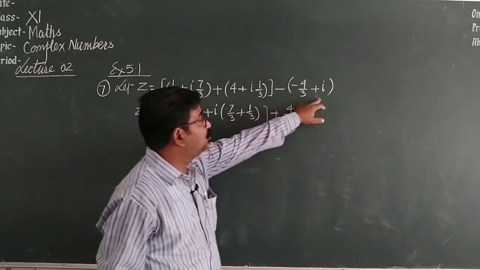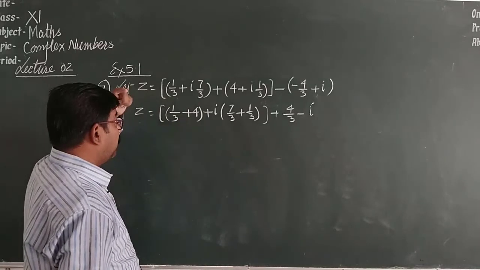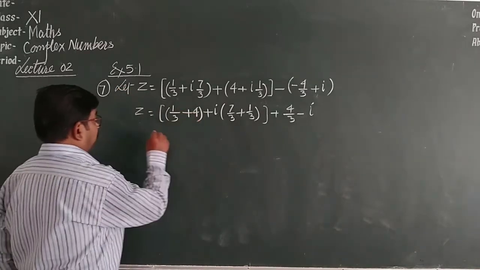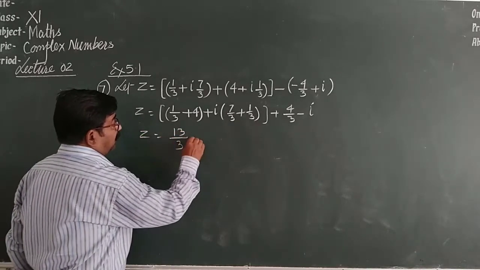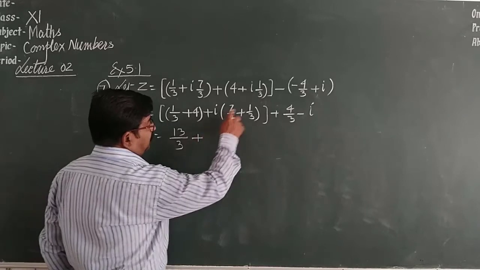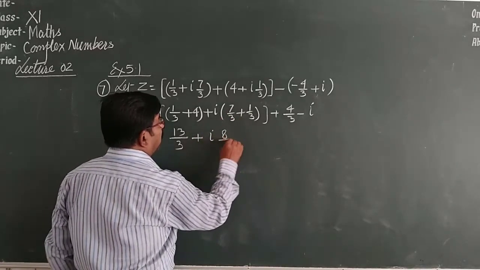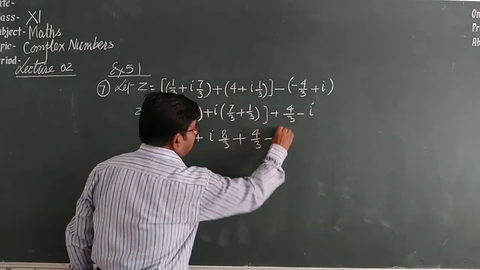Sign changes due to the minus sign outside. Here, see what we have. 3 fours are 12, plus 1, 13 upon 3. 13 upon 3 plus i times of 8 upon 3 plus 4 upon 3 minus i.